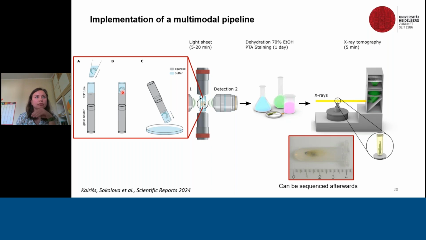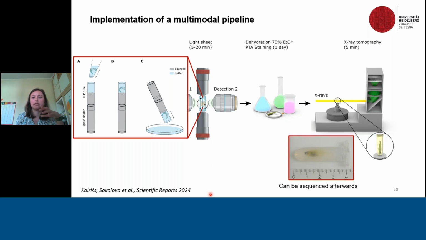This is something we have used before for in vivo imaging. They are imaged with the light sheet microscope, and then we just pour out the specimens. From that moment on, they can go through the staining procedure, go into a normal Eppendorf tube, and go for X-ray tomography. That way of handling the order and preparing the specimens allowed us to go through many specimens at the same time.